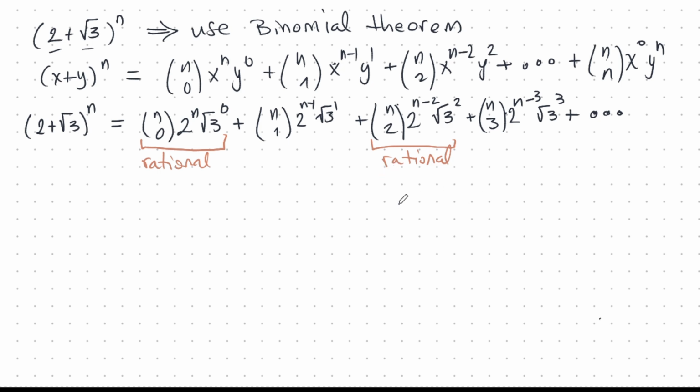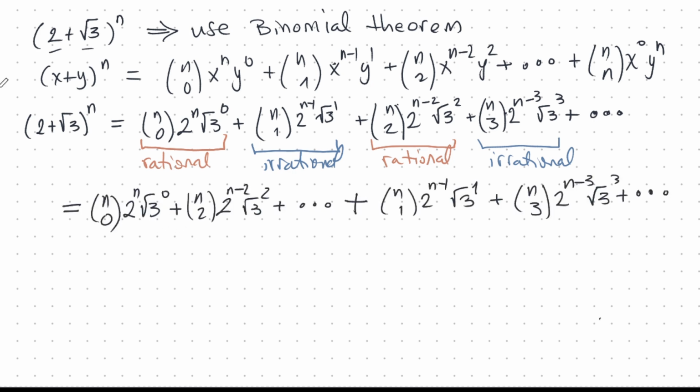Whereas all the odd ones are going to be irrational, this is irrational, and this is irrational, and so on. So what I can do is collect my rational terms to the left and my irrational terms to the right. Like so.